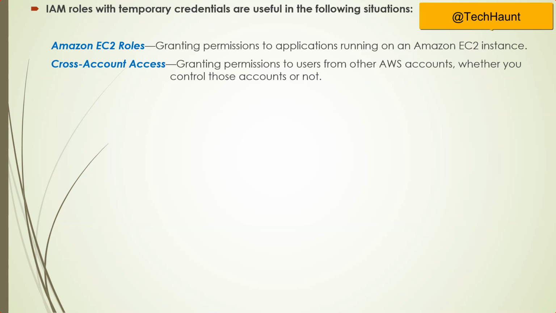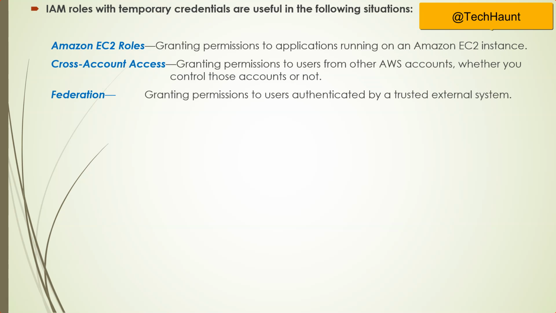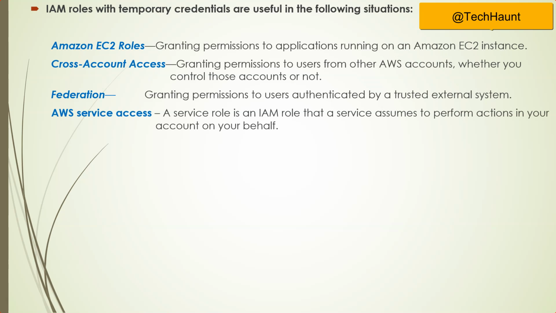Federation, granting permissions to users authenticated by a trusted external system. And AWS service access. A service role is an IAM role that a service assumes to perform actions in your AWS account on your behalf.